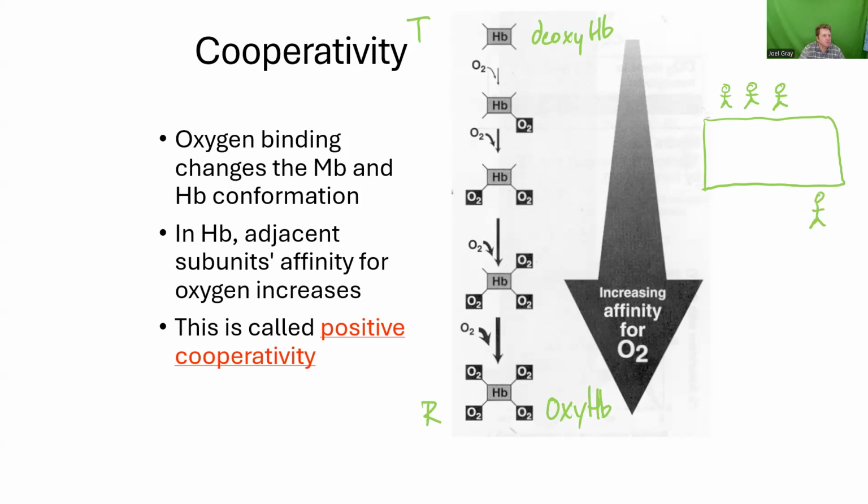Maybe you've experienced this at a really boring wedding or something like that. I can think of one in particular that I went to. Nobody wanted to be the first person to dance, and nobody wanted to break the ice. That's effectively like our deoxyhemoglobin.